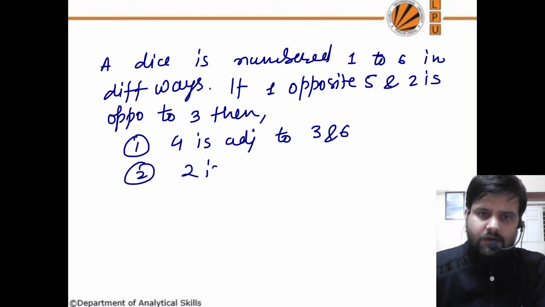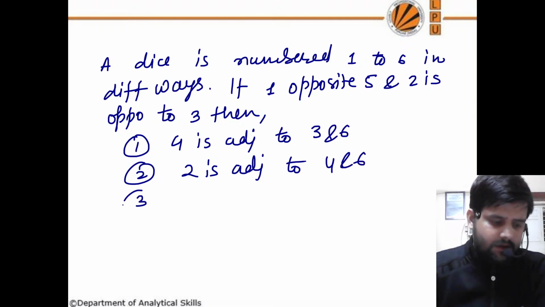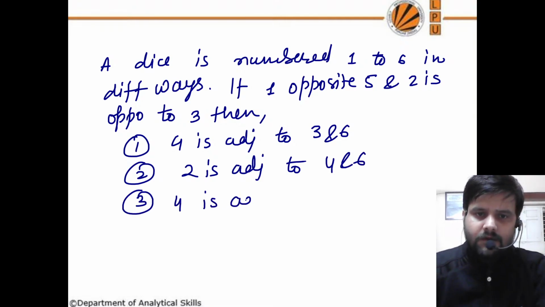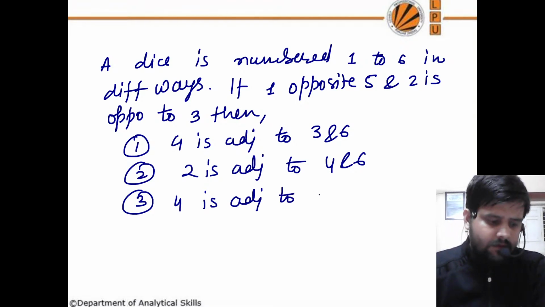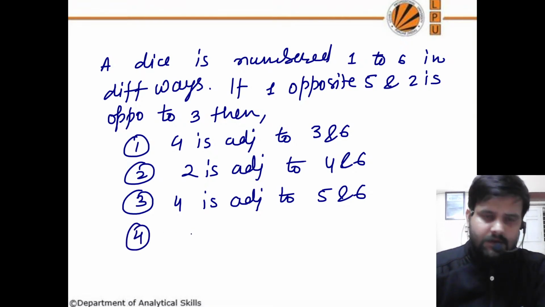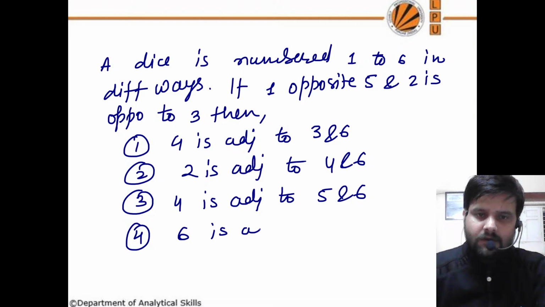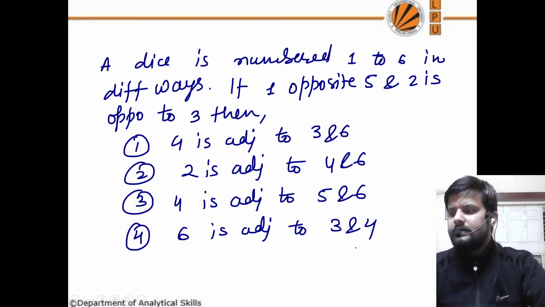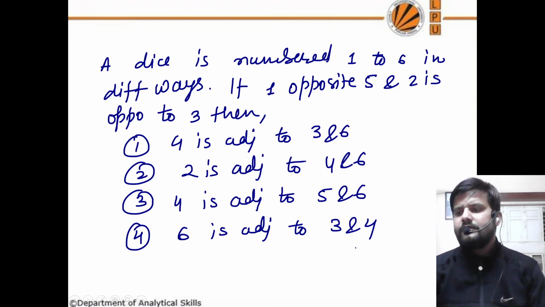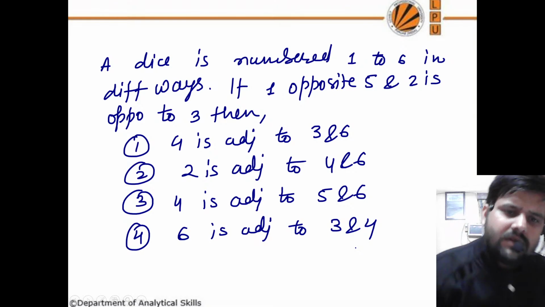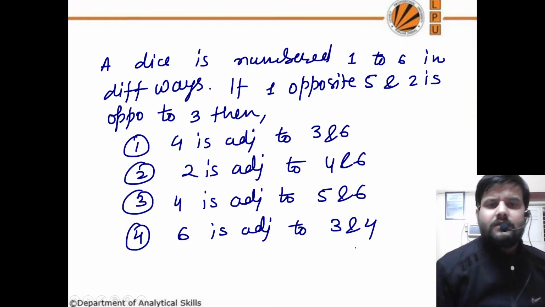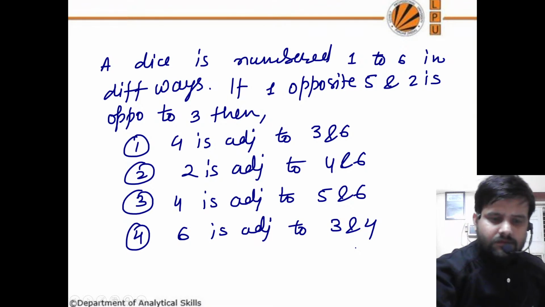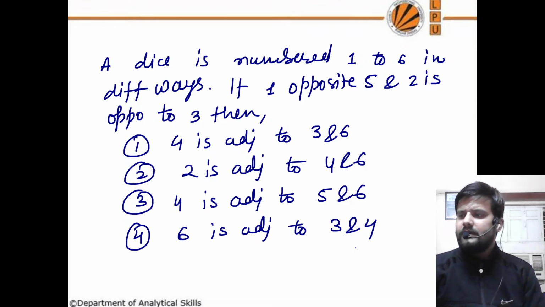Second is 2 is adjacent to 4 and 6. And third is 4 is adjacent to 5 and 6. Fourth one is 6 is adjacent to 3 and 4. Just answer it. It's an interesting question. If your concepts and foundation are strong, you can solve any question in this. Just try to answer it fast.